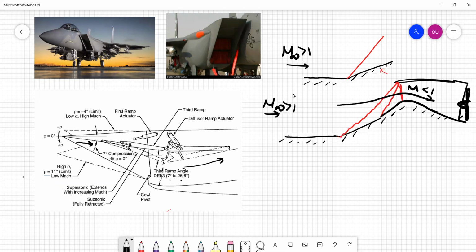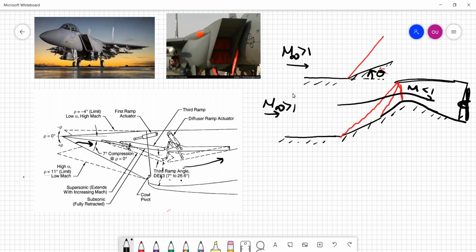All these ramps in these types of aircraft are mechanically actuated, so their angles can change. In our oblique shock wave relations, we are talking about this angle. This is generally variable, and if this is variable, it's basically called a variable geometry inlet.